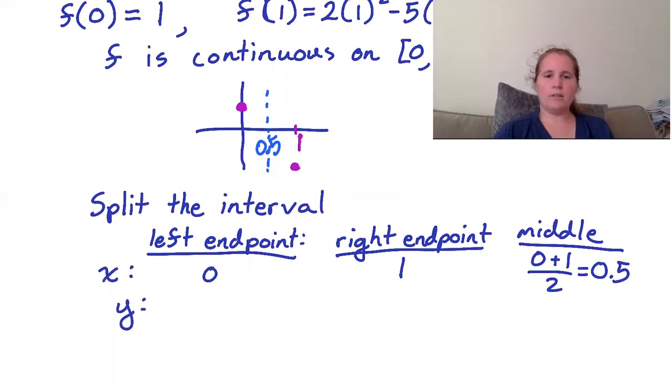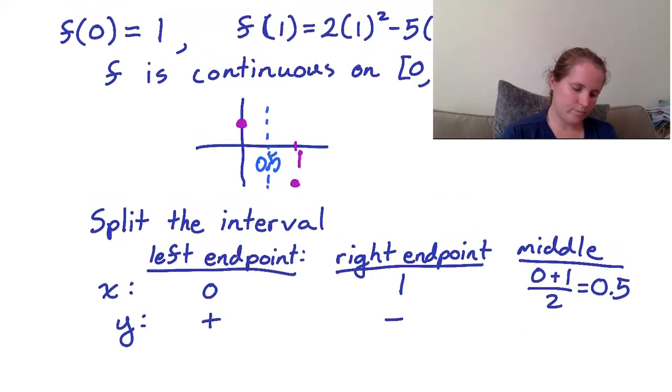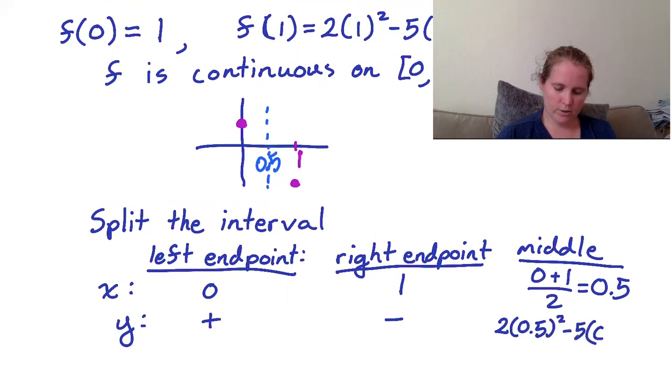The main thing we have to keep in mind is that at the left endpoint, our y value is positive. At our right endpoint, our y value is negative. And then if we plug in 0.5, we are looking at 2 times 0.5 squared minus 5 times 0.5 plus 1.